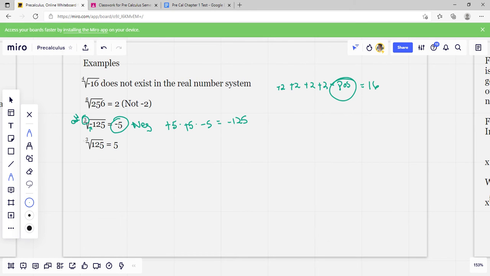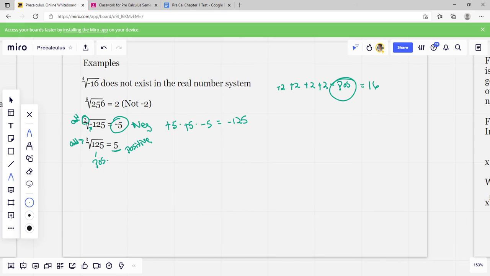Now this is odd, but this is even, I mean positive, right there. Here, let me mark those. Odd, that's our n, and our x is positive, so this is going to be positive.